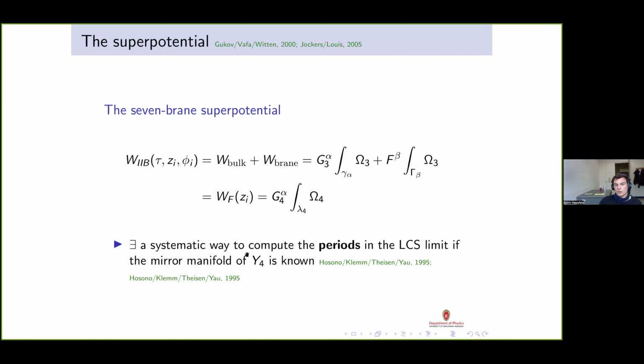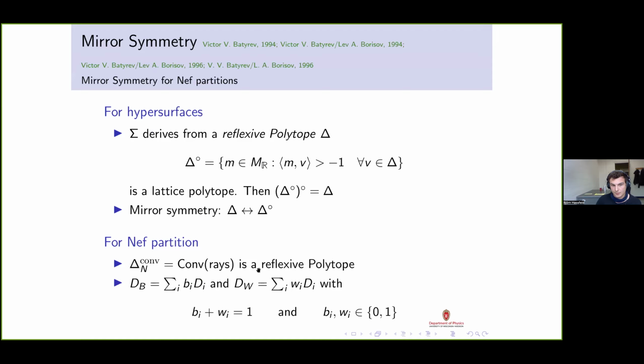There is a way to systematically compute such periods in the large complex structure limit if the mirror manifold of our uplifted Y4 is known. So if you want to do precise computations, we not only need to understand what the Y4 is, we also need to understand its mirror. And this can be challenging, but there are tools available for how we can understand the mirror.